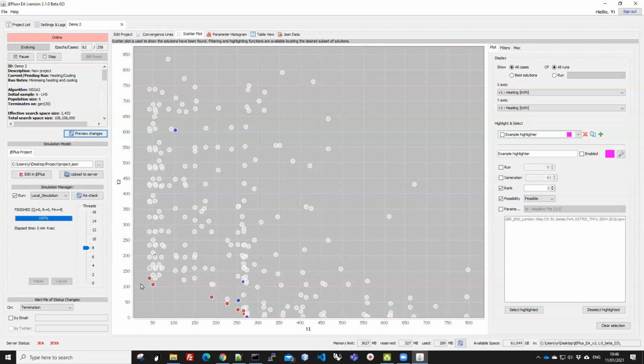If you draw a box there, there are no other solutions within that box. You can see the algorithm is doing its trick, populating this Pareto front, and hopefully finding better ones, outperforming the existing points as well.